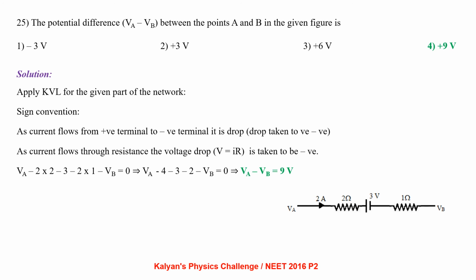A current of 2 amperes is flowing from A to B. By applying Kirchhoff's voltage law, we can write VA − IR, that is 2 × 2, minus the drop due to the battery, minus 3 volt, and minus the drop due to resistance, that is 2 × 1, minus VB equal to 0. From there we get VA − VB = 9 volt.